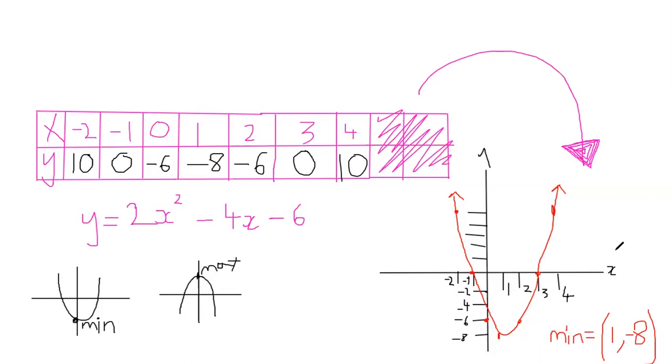The question says, what's the minimum value of the quadratic relationship? The lowest minimum value. Is it negative 8? Yeah, negative 8. And then the x value that gives that value? It is 1. Yeah. So you can read it off the graph or the table of values.